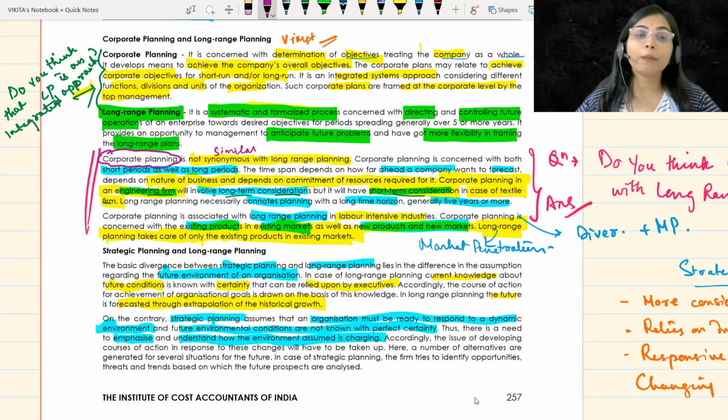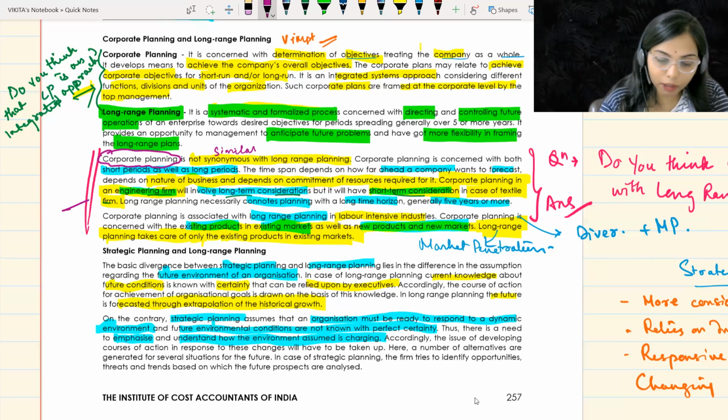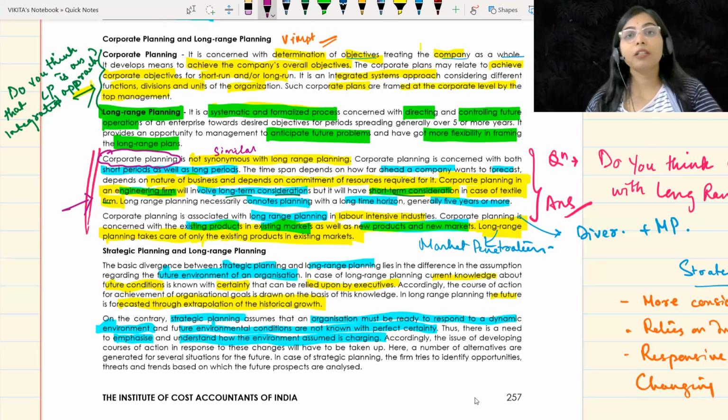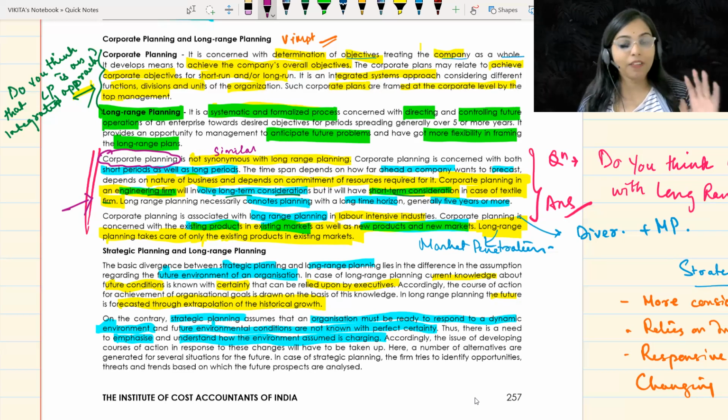Okay, corporate planning in an engineering firm. Another question: what will corporate planning in an engineering firm involve, and in a textile firm? So you can say corporate planning in an engineering type of firm will involve long term considerations. Why?